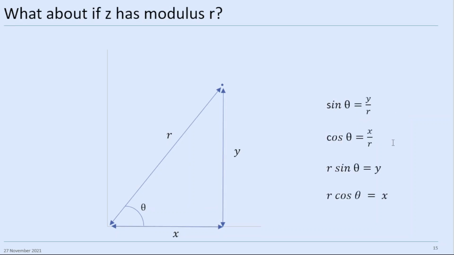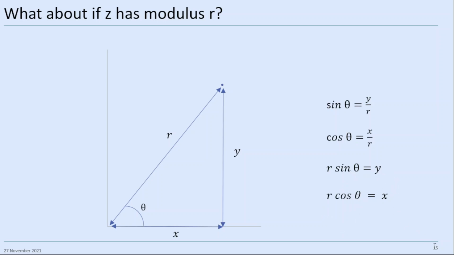What about if z had modulus r? So not just 1, but r. So here, sine theta equals the opposite over the hypotenuse, y over r. Cos theta equals the adjacent over the hypotenuse, x over r. So we multiply both sides by r here. We get r sine theta equals y, r cos theta equals x.